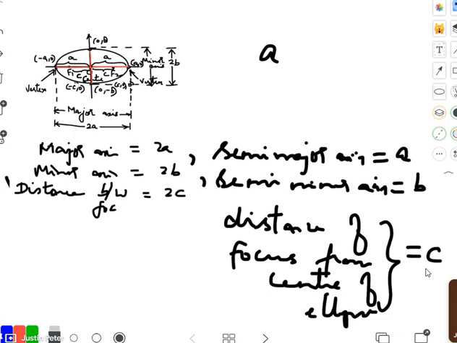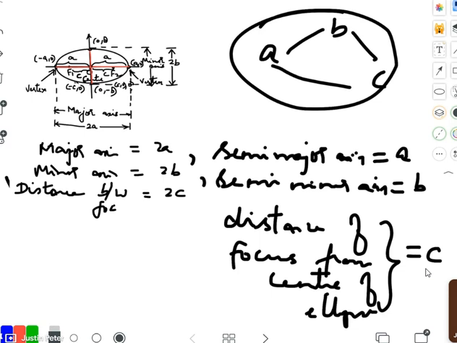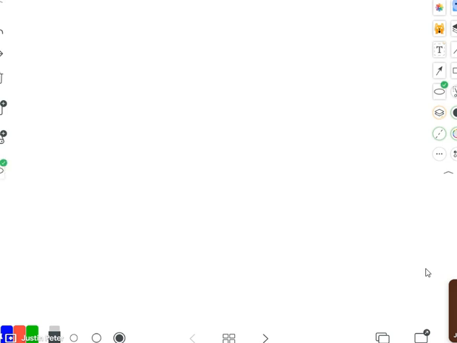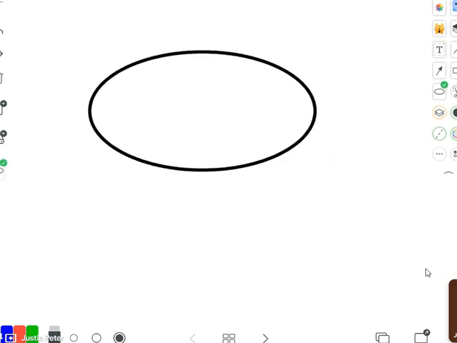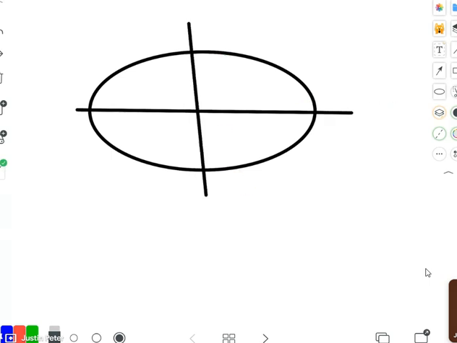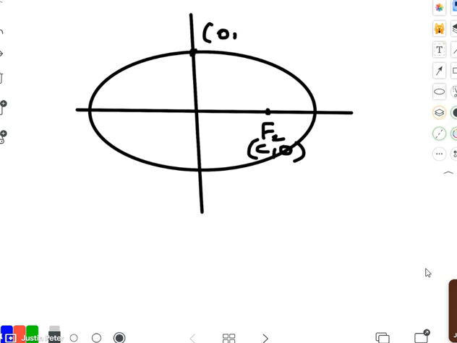So now we are going to see the relationship between a, b, and c. How they are related. Let's take a look at it. What was the focus we said? c comma 0, correct? c comma 0, and this is b, or 0 comma b.